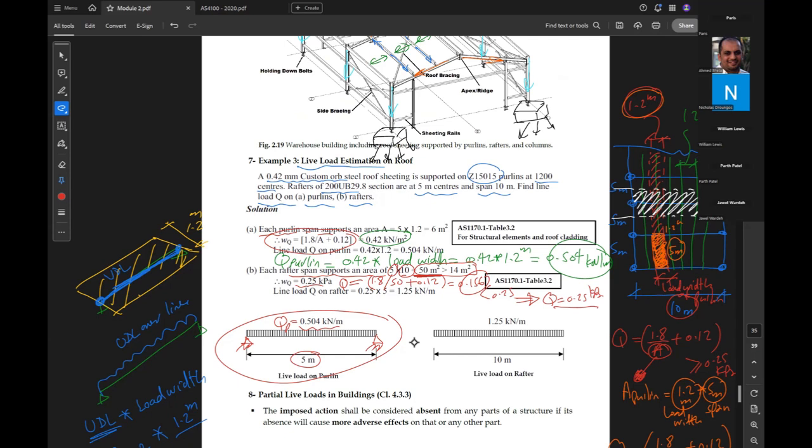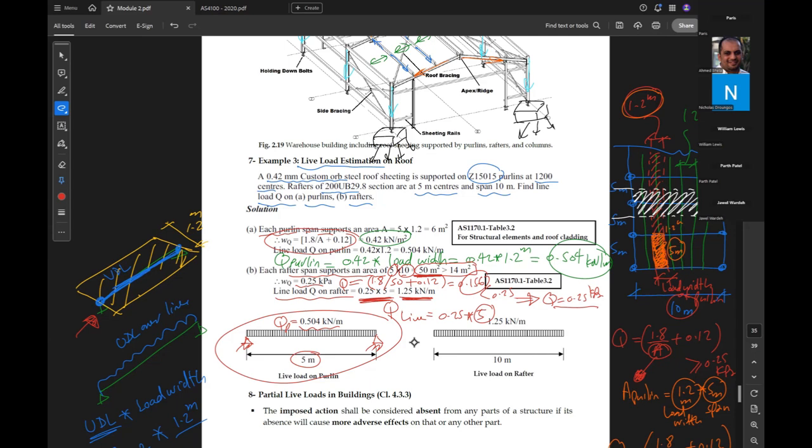So how much Q on the rafter? Similar to what we have done here for the purlin, to find Q as line load, we need to multiply 0.25 times what? The load width. How much is the load width? 5. So how much is the final load on the rafter? 1.25.